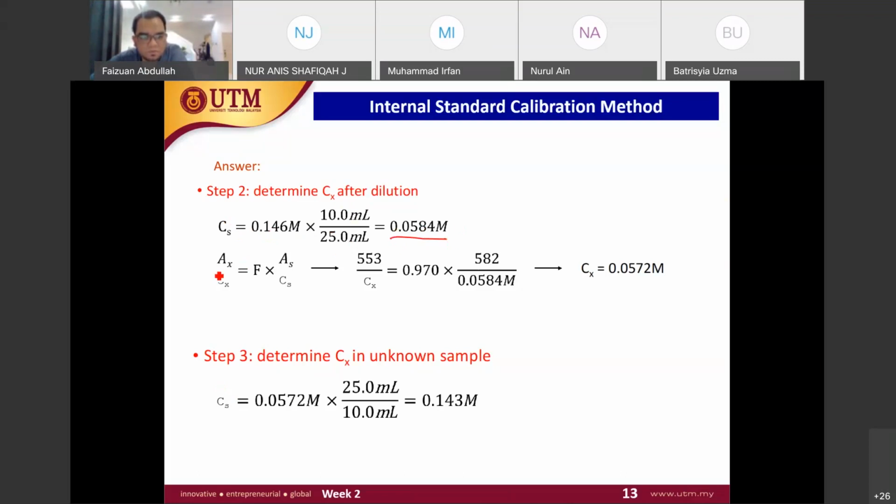Then we determine the concentration of analyte X after the dilution, and we have 0.0572 molar of Cx. Then determine Cx in the unknown sample. Now we have Cx, 0.0572 molar times the dilution, then we have 0.143 molar.